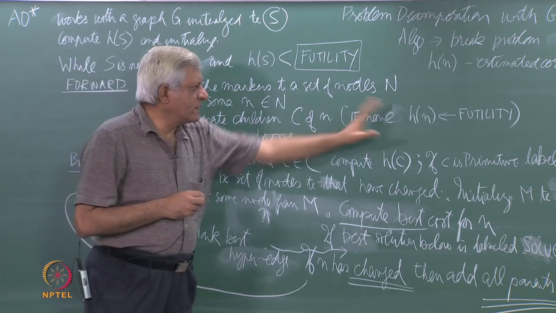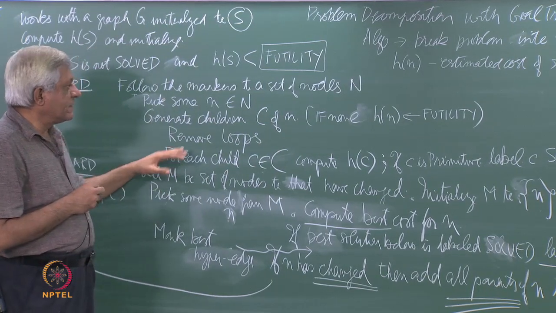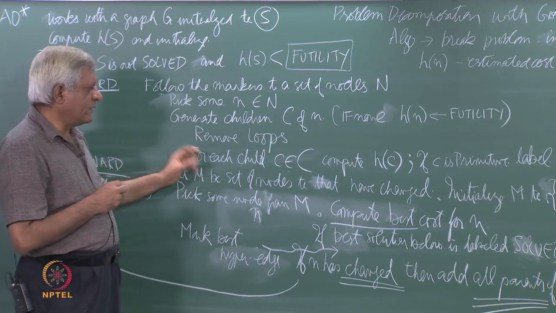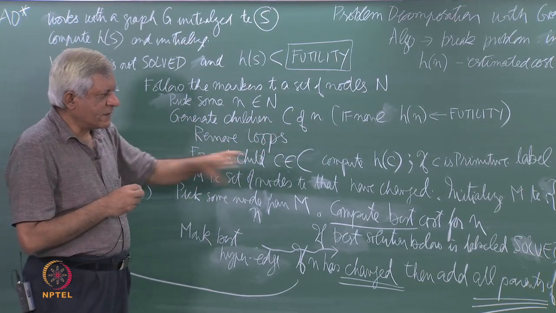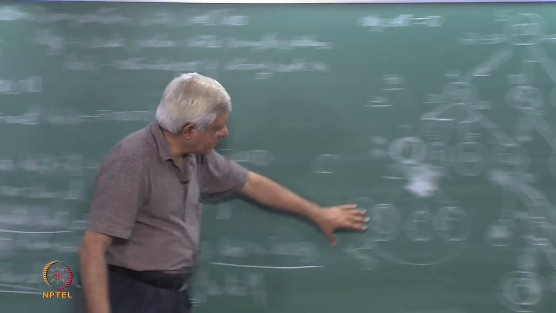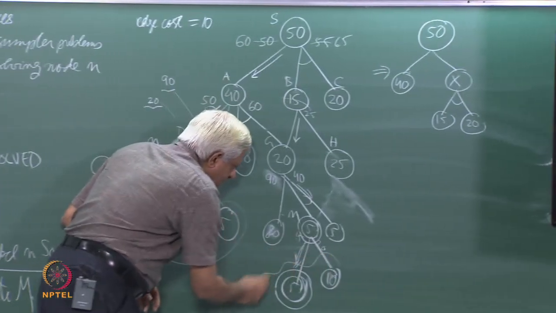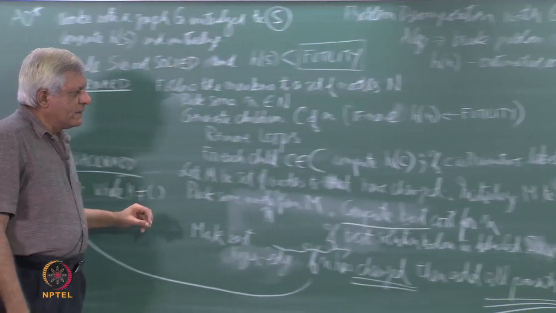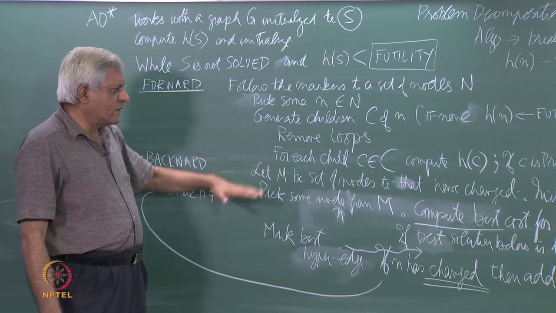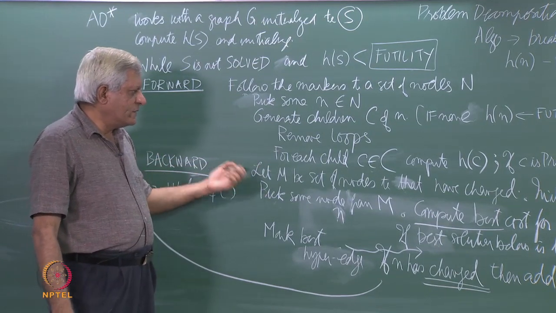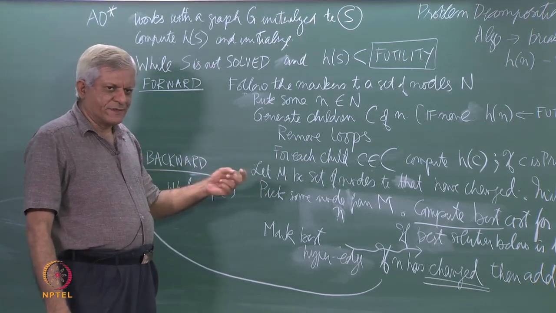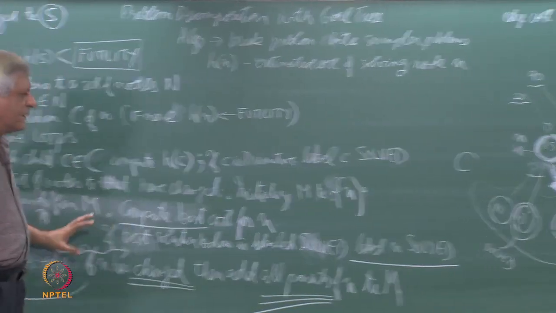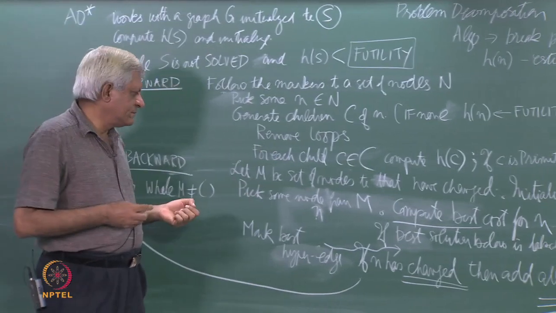If none, we call it futility, we assign the cost futility to that, then we remove loops, and for each child we compute the h values, that is this set of nodes here, or it could be this set of nodes here depending on what is n. So, that is where the forward phase ends. Then you add this node n that you just expanded to this set m, initialize m to this set n, and then one by one you pick.